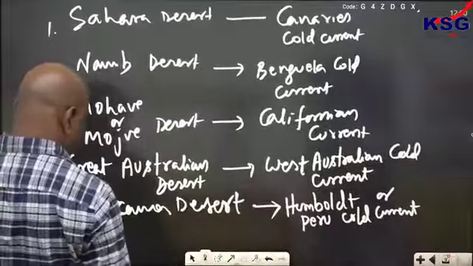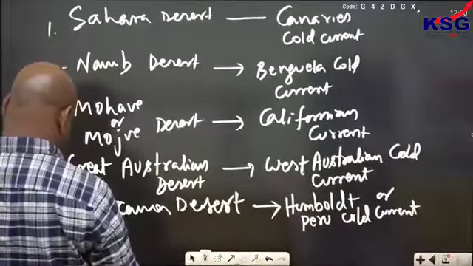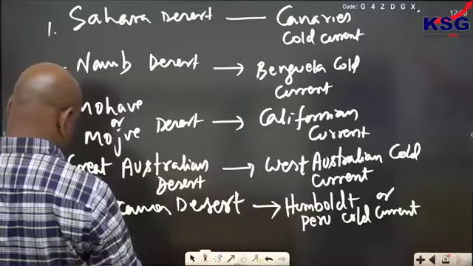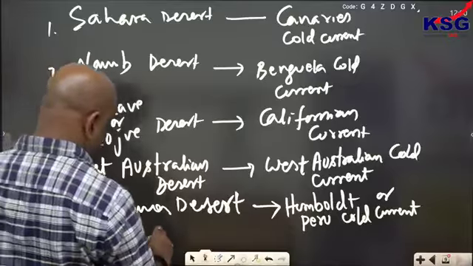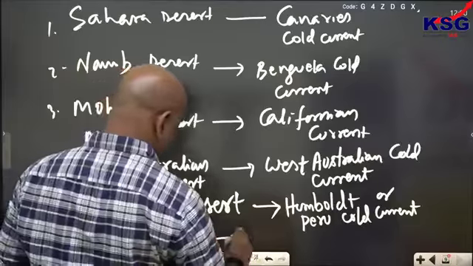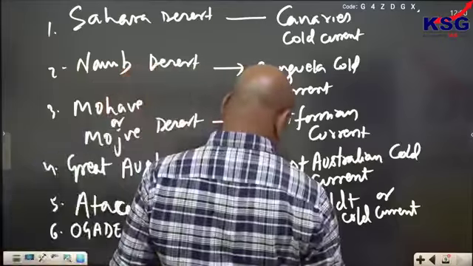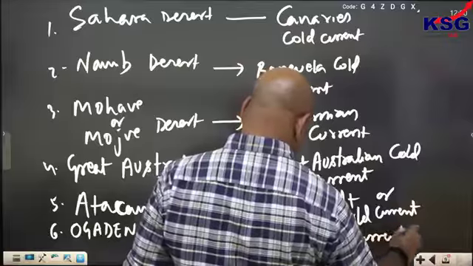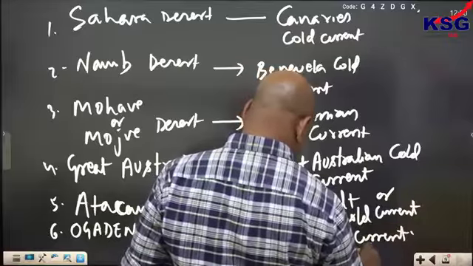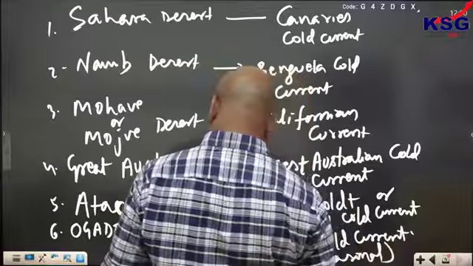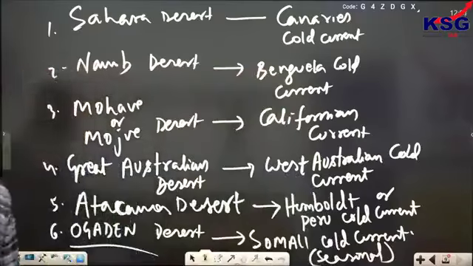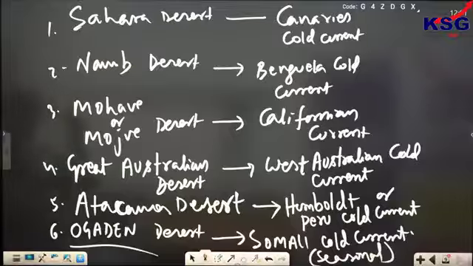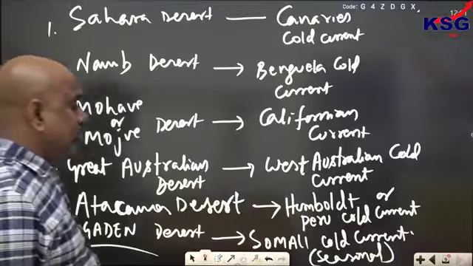You are asking me why it is that you have Ogaden desert, which you have Somali cold current. It is a seasonal one, not a permanent one. That's why the Ogaden desert is a small desert, because it is a seasonal one. It is not the permanent one.